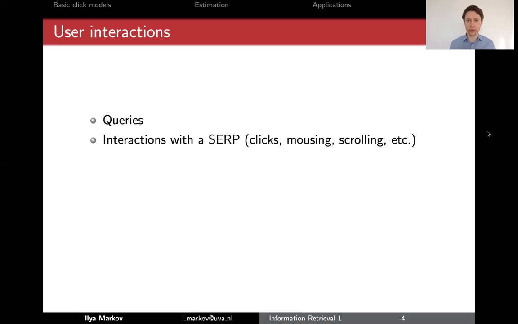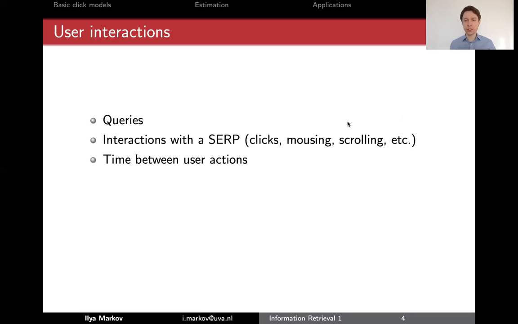What do we do with those results? We interact with them in certain ways. For example, we click on results, we use our mouse to read sometimes, to highlight things, we scroll, and sometimes some search engines support other types of interactions. So these are interactions on the level of results.